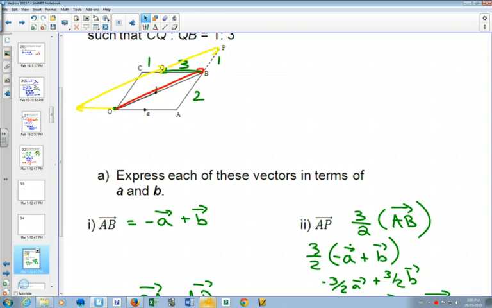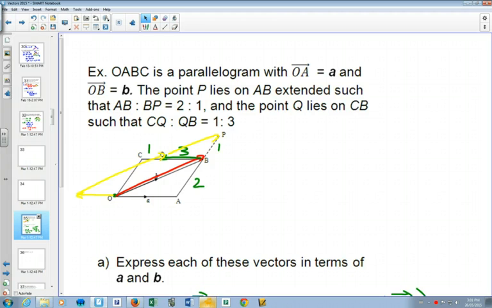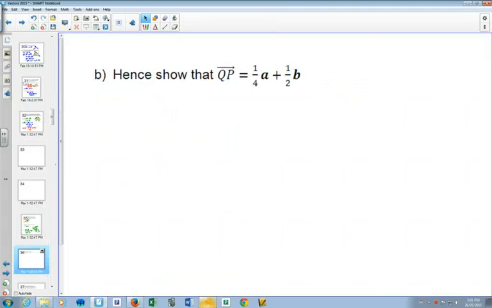And then part B now, we need to show that Q to P, so now we've got our new vector going from Q to P, that's 1/4 of the distance to A plus 1/2 of B. Well, this is the nice thing about our position vectors, is once you find a position vector for a certain point, you can always go back to the origin.